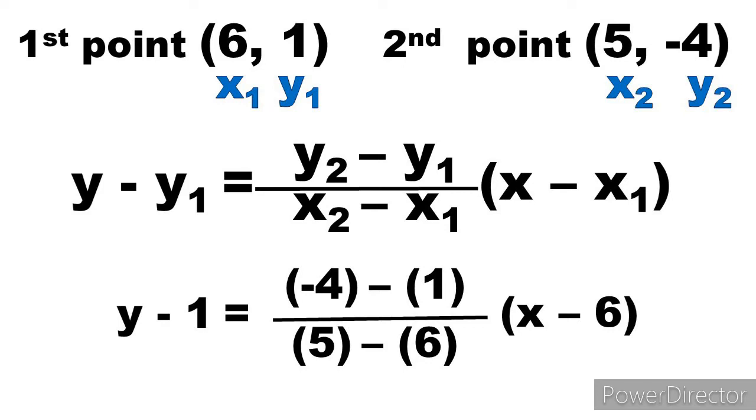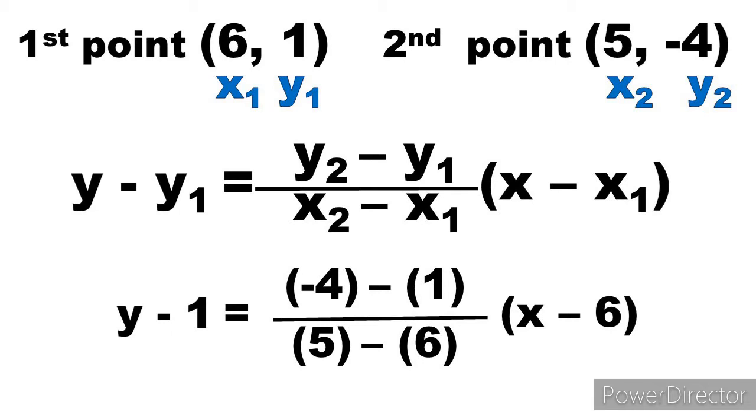Okay, after nating ma-identify ang x sub 1, y sub 1, x sub 2, and y sub 2, isa-substitute na natin doon sa formula. Okay, sa 2-point form formula. Okay, so first step is i-rewrite muna natin yung y minus the y sub 1. So, ang y sub 1 natin is 1.